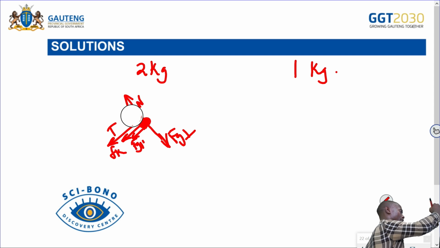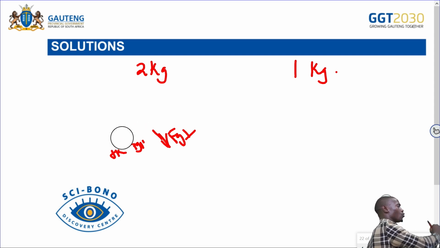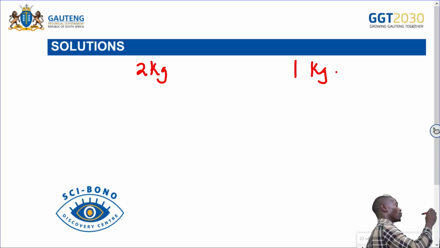Sorry about that, the tension should act up the slope for the 2 kilogram.